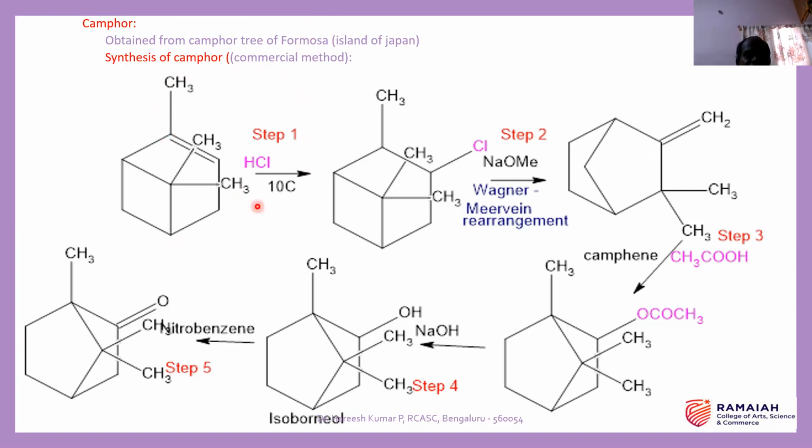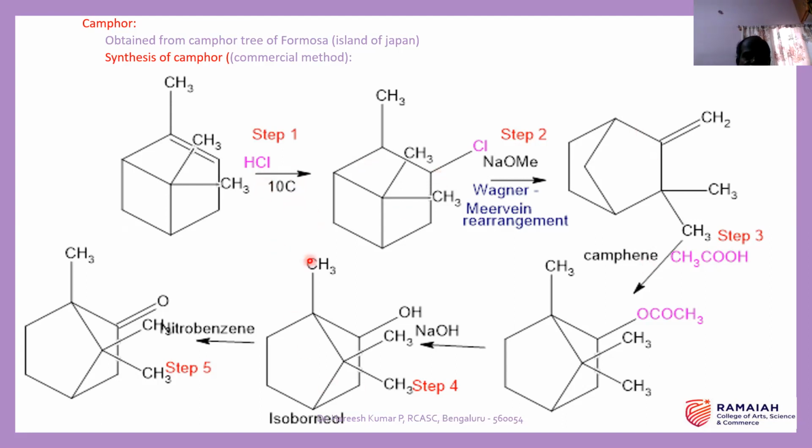And the name of this compound is alpha pinene. You know that alpha pinene is obtained from the pine tree. So what will happen here? It's a simple reaction, but it involves rearrangement.